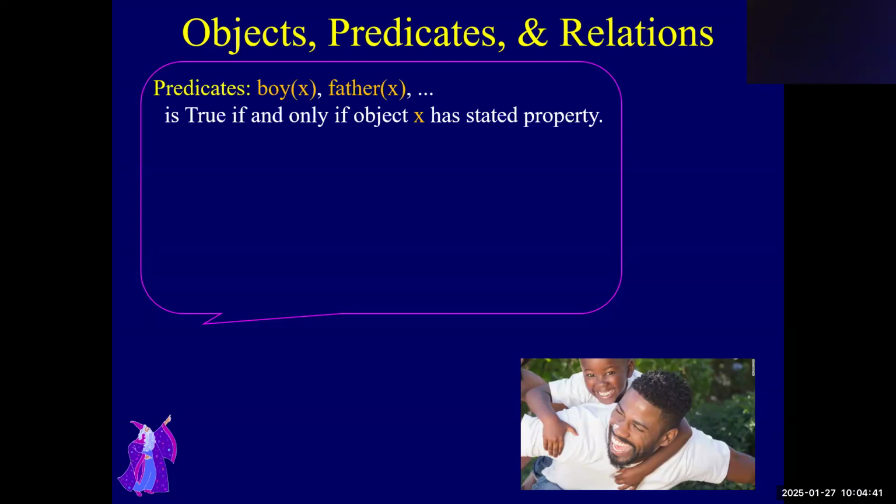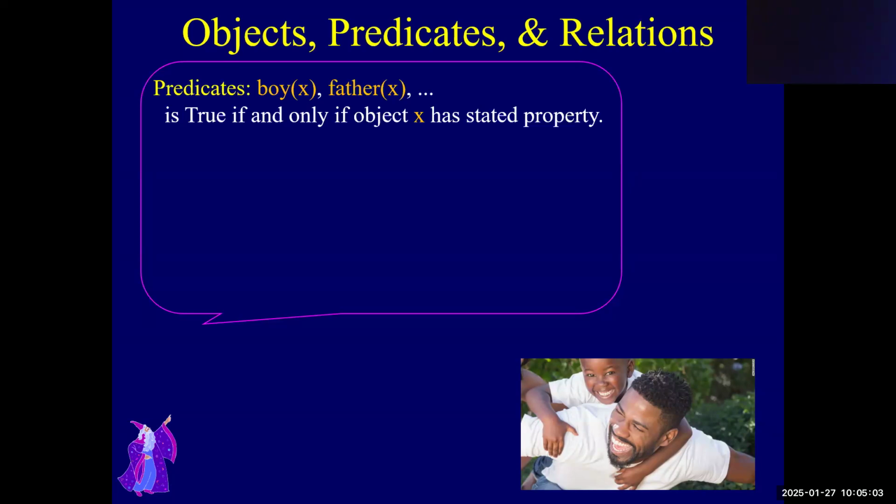predicates. So a predicate takes one object and it tells you whether or not that object has this property, right? So boy takes an object and it returns a Boolean.